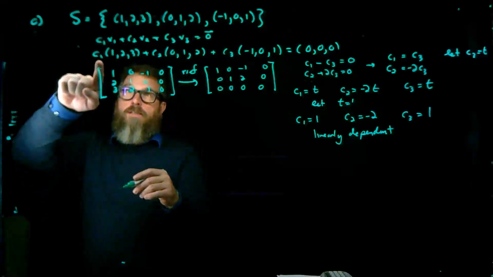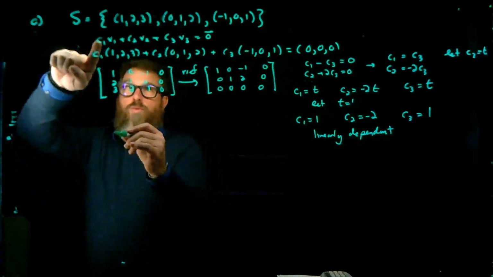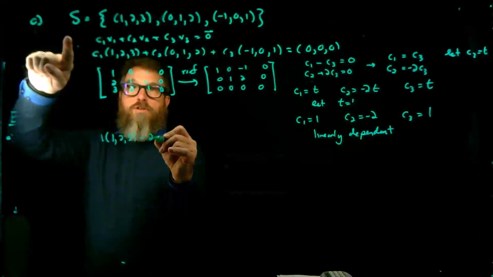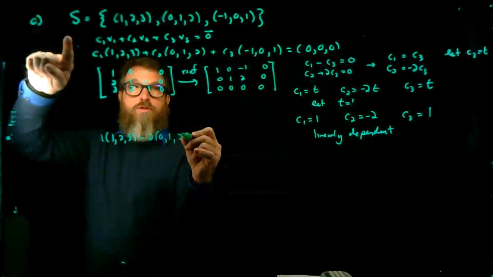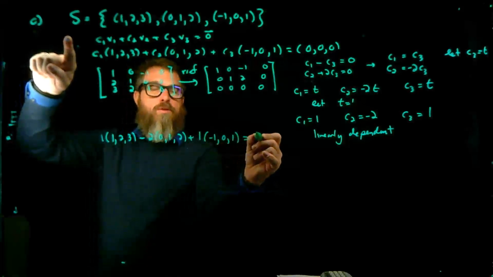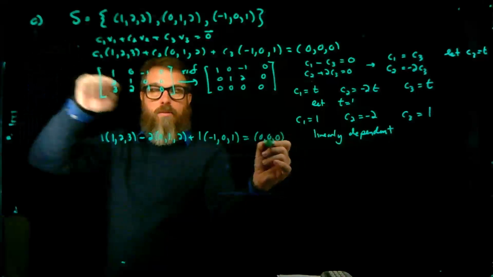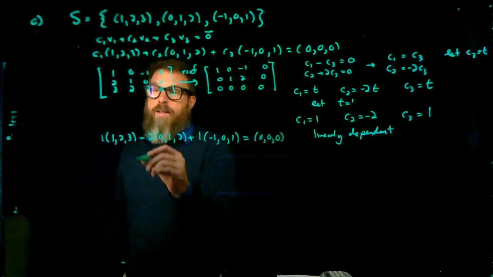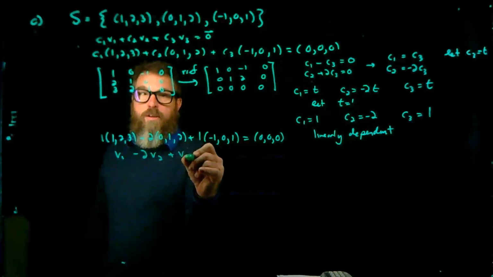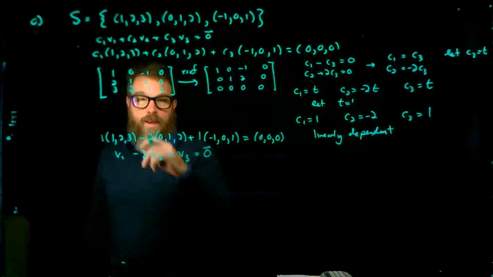But what that means is that C1, which is just 1, so I can say 1 times this (1, 2, 3), minus 2 times the (0, 1, 2), plus 1 times (negative 1, 0, 1) is equal to (0, 0, 0). Or I can say, just V1 minus 2V2 plus V3 is equal to the 0 vector. And I can solve this out.